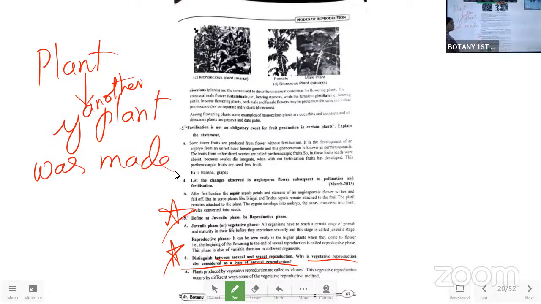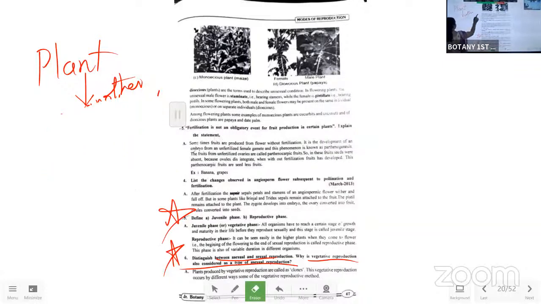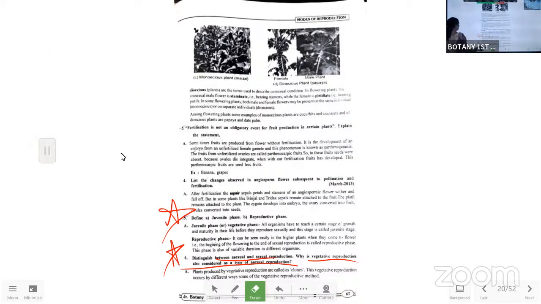From the vegetative parts of the plant body, if a new plant is made, that is called vegetative reproduction. In this also, two parents are not necessary and gamete formation cannot be seen. From a single parent, many offsprings can be obtained in a short duration, that is, the next generation. So we can say vegetative reproduction is also considered an asexual type of reproduction. This much we have to say.